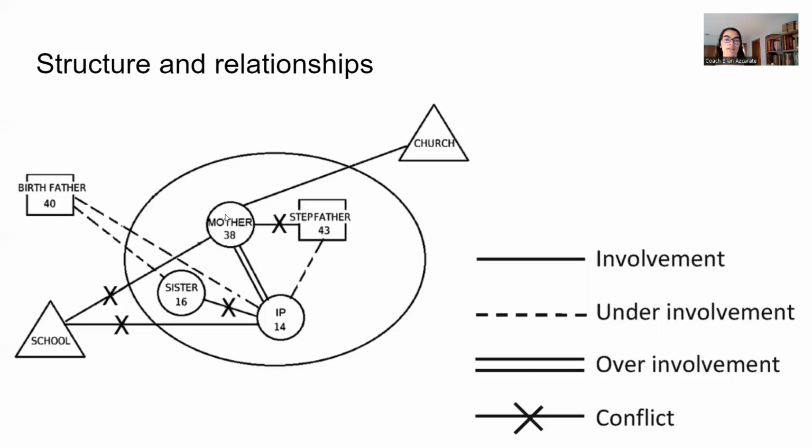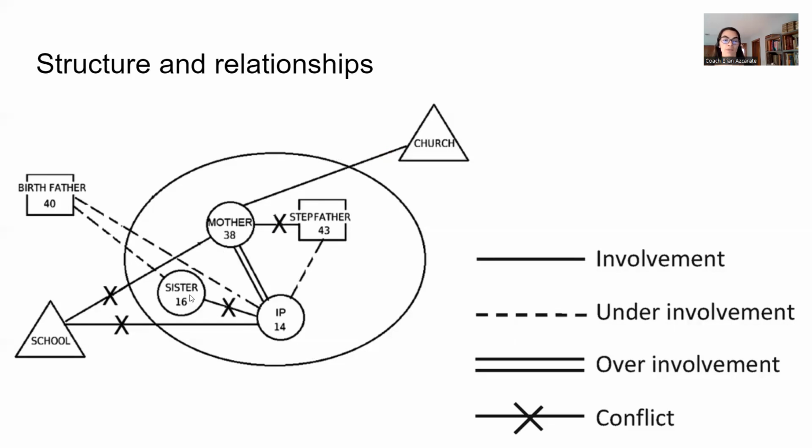So here you see that the mother and the stepfather have a lot of conflict in the relationship. The mother is strongly involved with the church. There's over-involvement of the mother with our patient, our main subject of interest. And there's under-involvement of the stepfather with this patient, and also of the birth father with the patient, as well as with the sister.